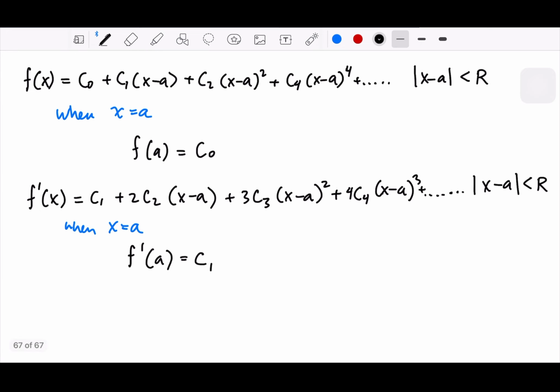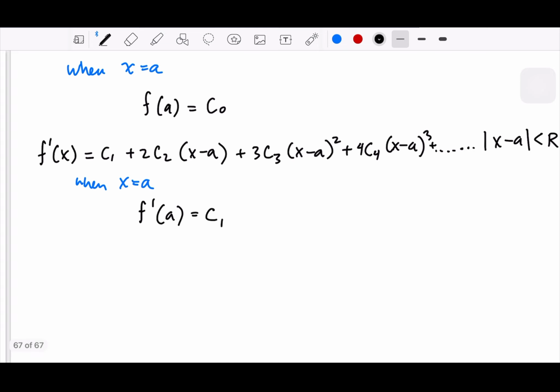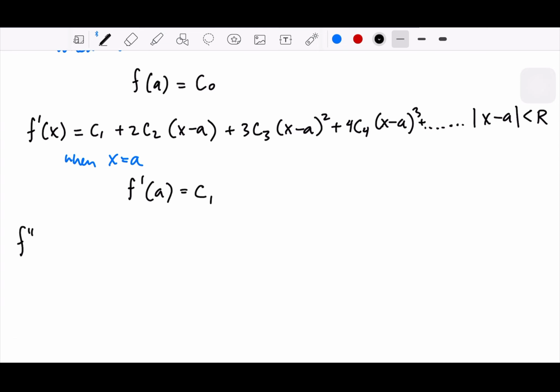Now, if we differentiate one more time, it becomes interesting. Maybe if we differentiate four or five times, we will see how the coefficients look. So let's differentiate one more time: f double prime, the second derivative. This will result in 2C2, and the 3 goes to the front. It becomes 6, but I will still write 2 multiplied by 3 to see the pattern.